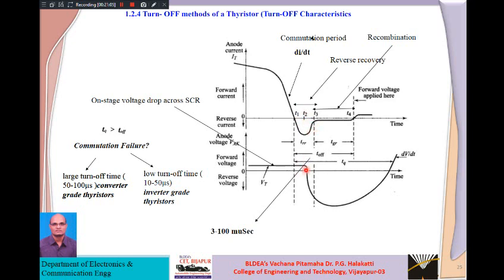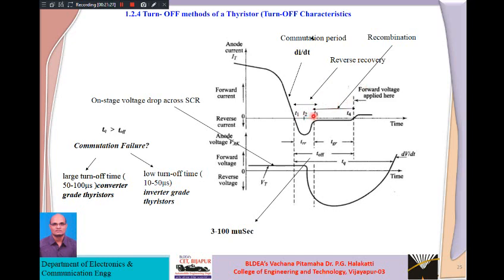That's why you can see that at the instant of T2 your forward voltage will start decreasing. That is also known as the gate recovery period. Now it will start decreasing like this. Now the reverse recovery period, what we can tell, is a combination of reverse recovery period plus recombination.